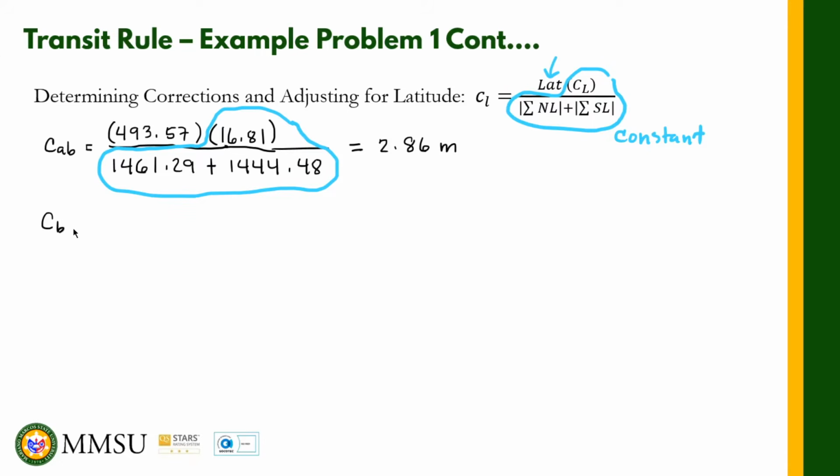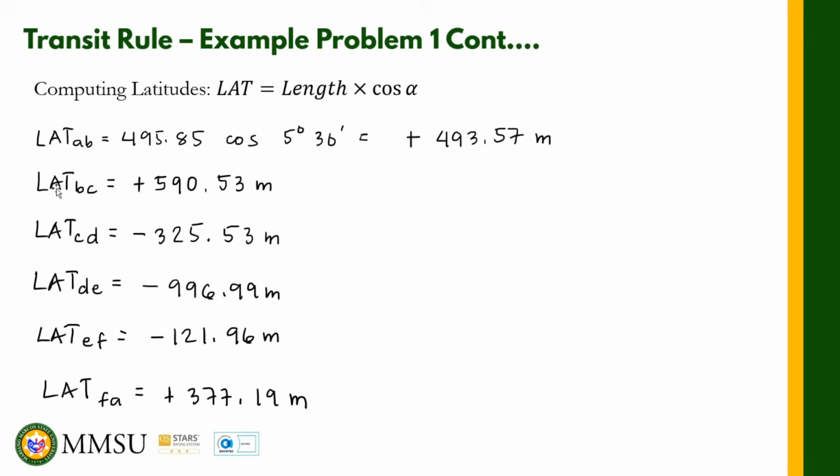Correction naman for BC. Since alam na natin ang value nito, naka-store na sa calculator ninyo, i-multiply na lang natin sa latitude ng BC. The latitude of BC is 590.53.